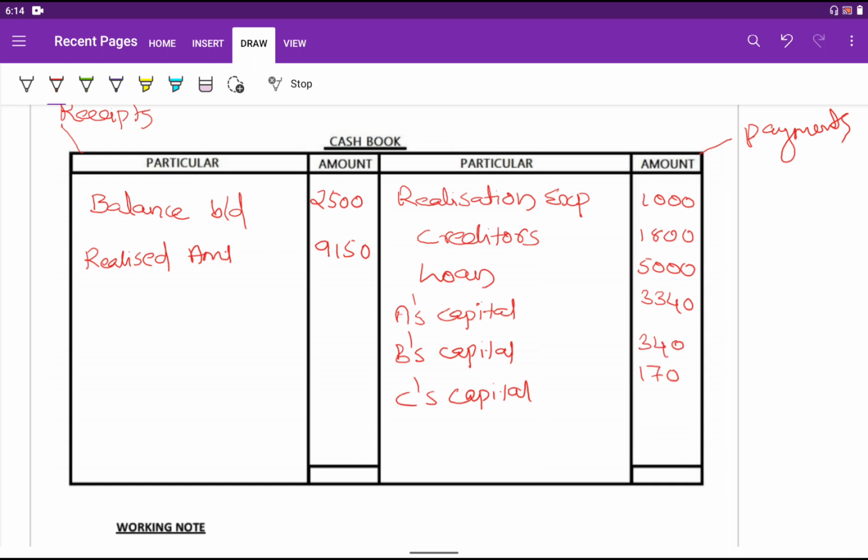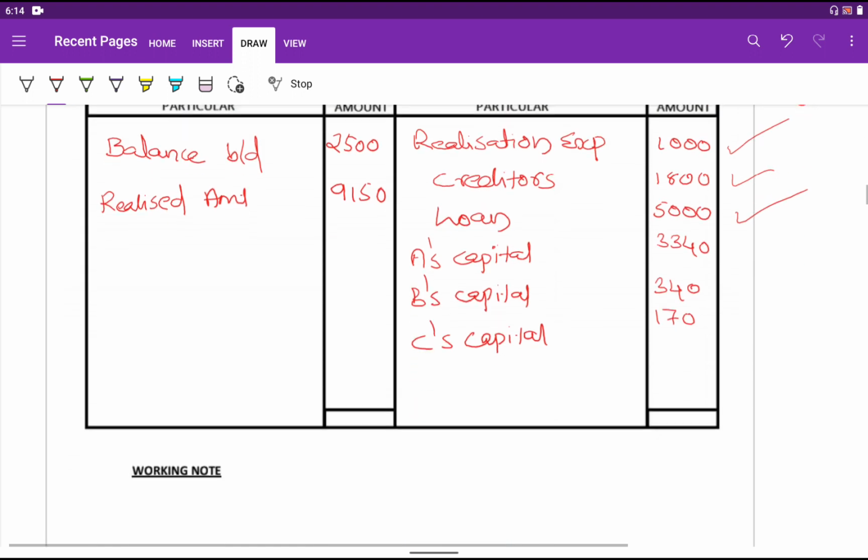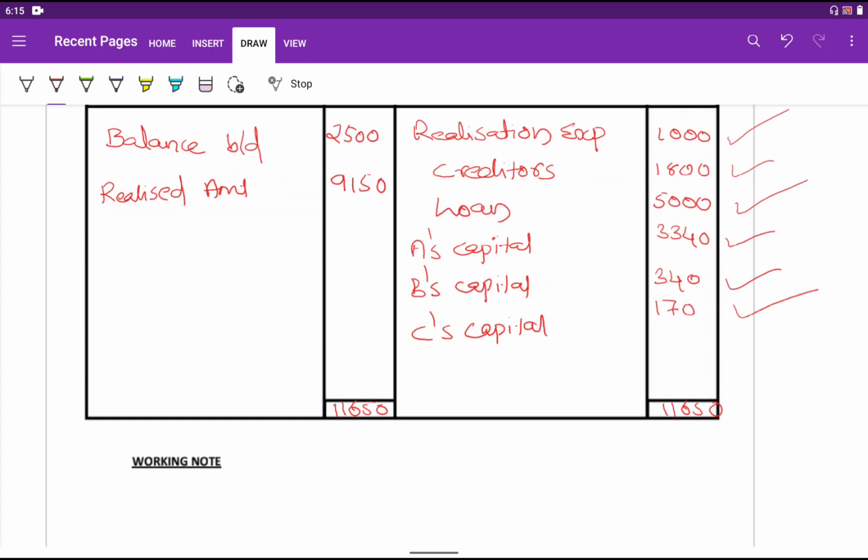Now all the payments we made: realization expense payment, creditors, and loan also we settled. The remaining cash, the balance carried on from the partners' capital account, that also we settled to the partners. Now finally, if you calculate this, the total will be 11,650 here and also 11,650 here. Automatically debit and credit will become equal.